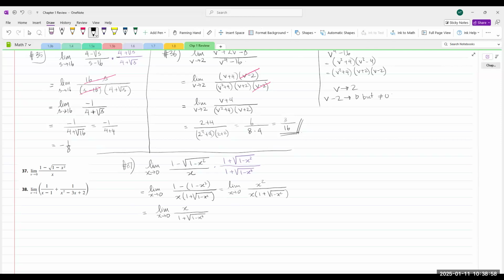Now you can see when I plug in 0, we don't get 0 over 0. Basically, x equals 0 is now already in the domain of this function. I can plug that in. Yeah, 0 over 2, which is 0. That's for number 37.